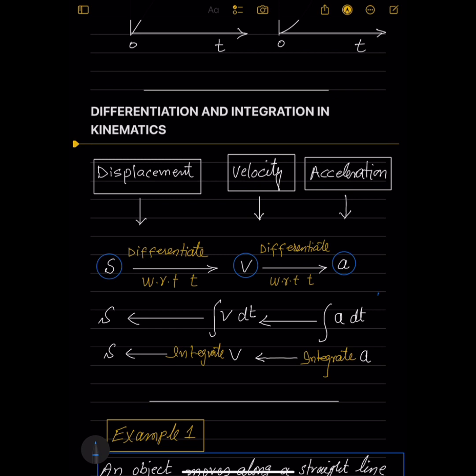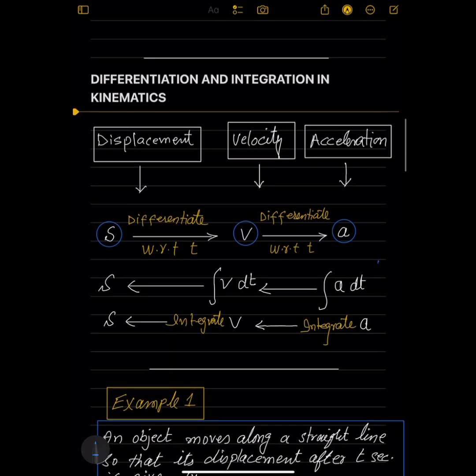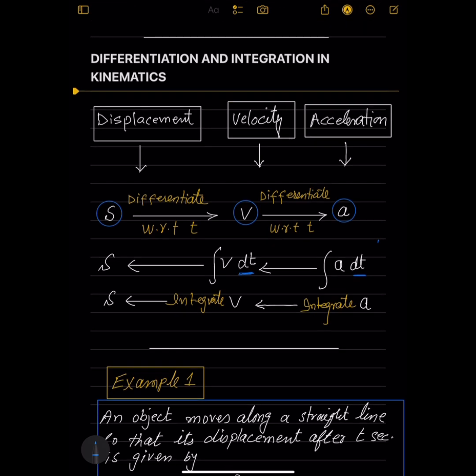The arrow on the left side shows that if we integrate a with respect to t, we get velocity, and if we integrate velocity with respect to time, we get displacement.